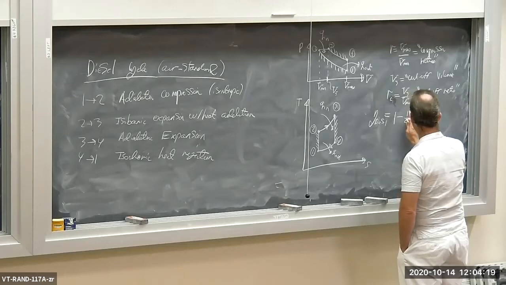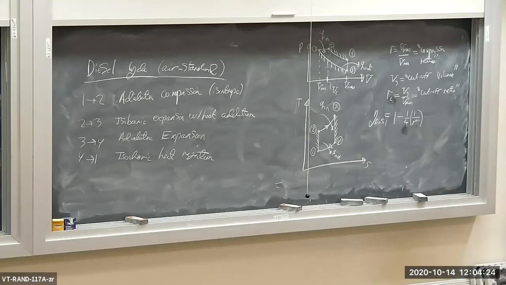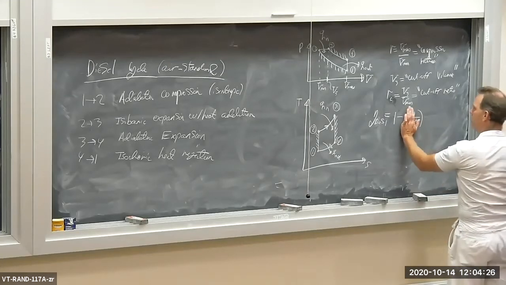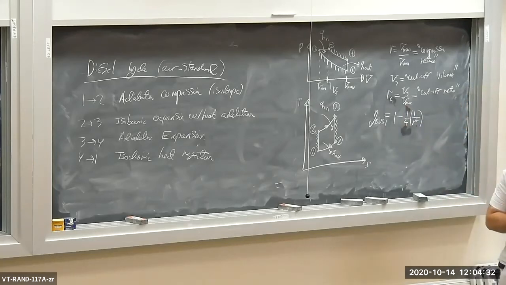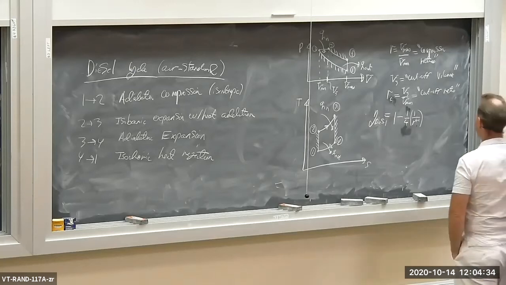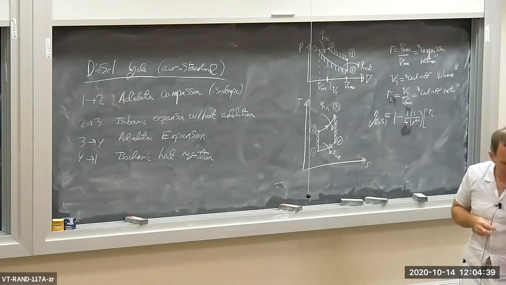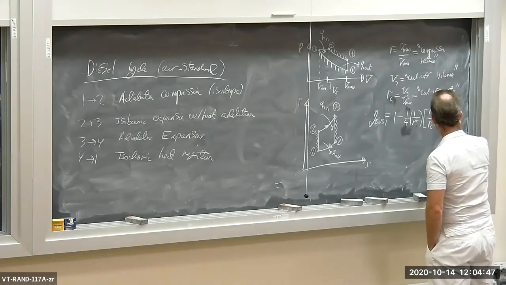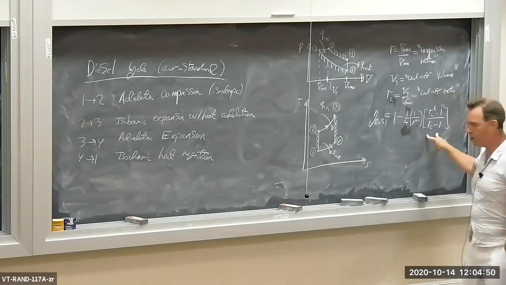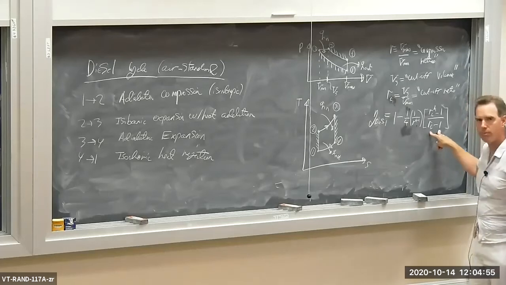Now with the exception of the 1 over K, it looks exactly like the Otto cycle efficiency. The Otto cycle efficiency was 1 minus 1 over R to the K minus 1. And then in parentheses here, we have the cutoff ratio to the Kth power minus 1, divided by the cutoff ratio minus 1. So we have this additional term that makes the expression for the diesel cycle efficiency a bit more complicated.